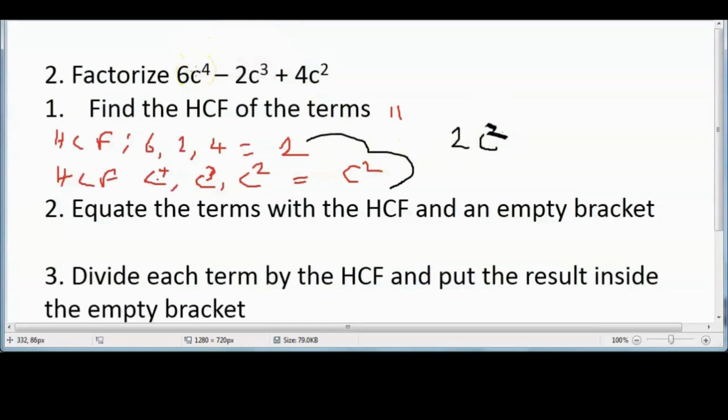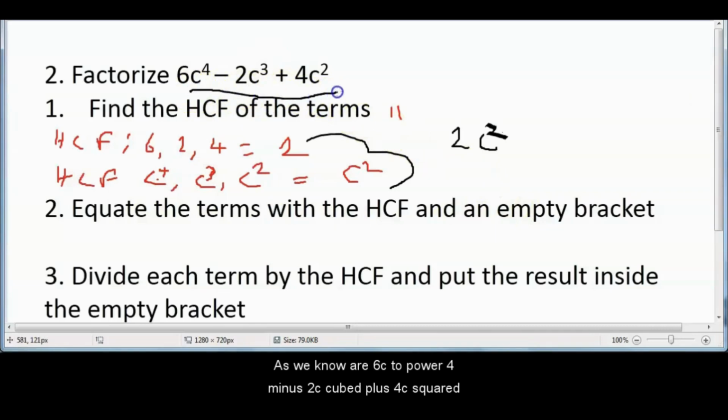Secondly, equate the terms with the HCF and an empty bracket. The terms are 6c⁴ − 2c³ + 4c².